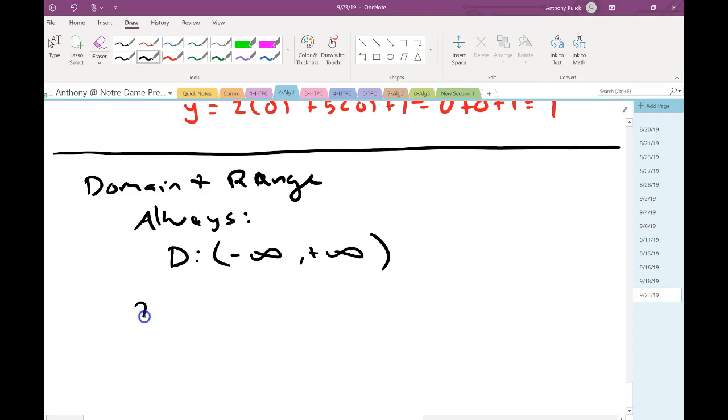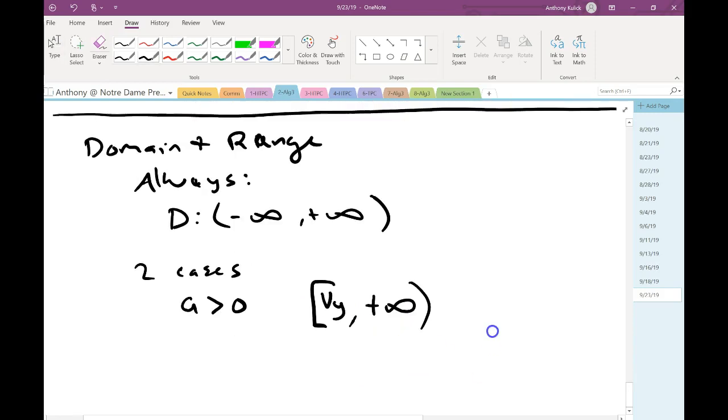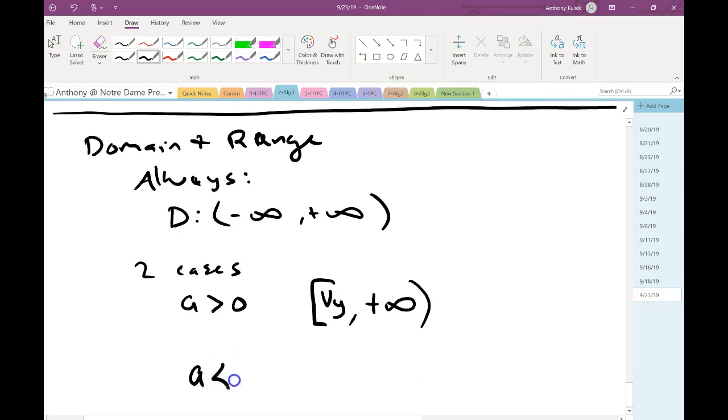The range has two cases. If the A value is positive, we're going to go bracket, the y coordinate of the vertex, comma, positive infinity. If the A value is negative, it's going to be negative infinity to the y coordinate of the vertex with a bracket. What does this look similar to?